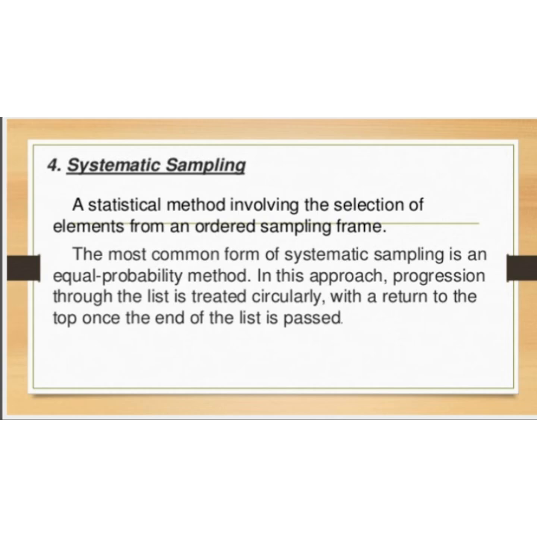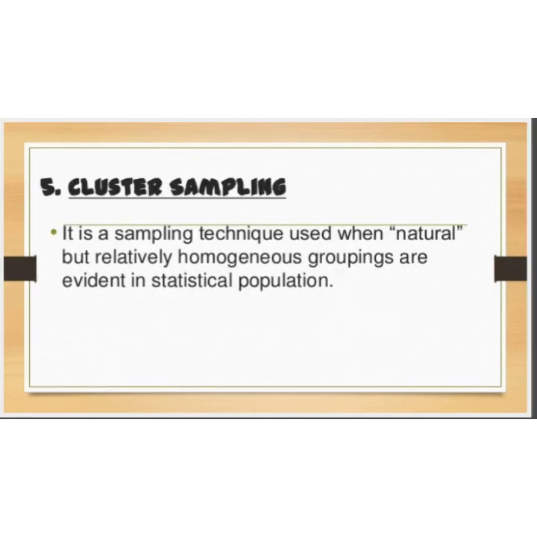In this approach, progression through the list is treated circularly. A systematic sample is formed by selecting one at random and then selecting the rest at evenly spaced intervals until the sample size has been reached. That is systematic sampling. And the last one is cluster sampling.